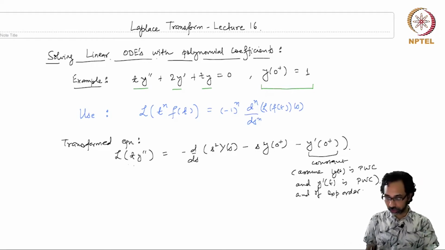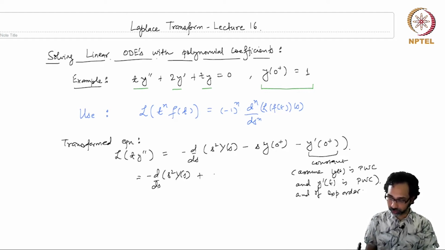So, the Laplace transform of t y double prime is the derivative of this expression: d over ds of s square Y(s) plus d over ds of s, simply because y(0+) is 1.